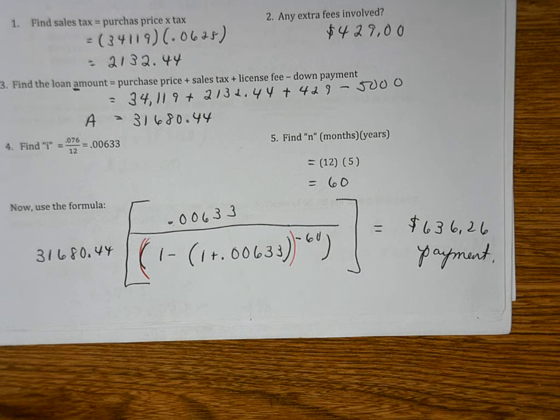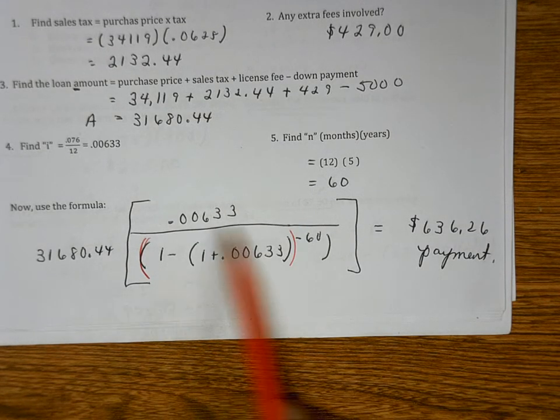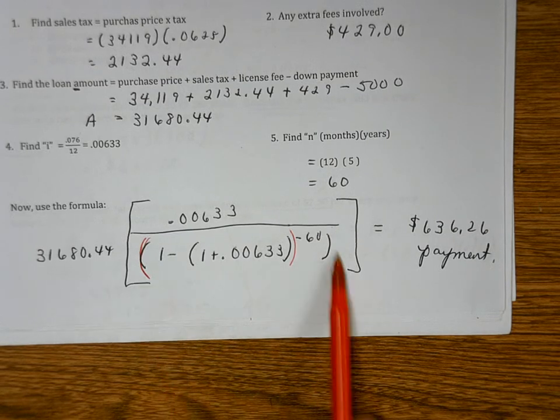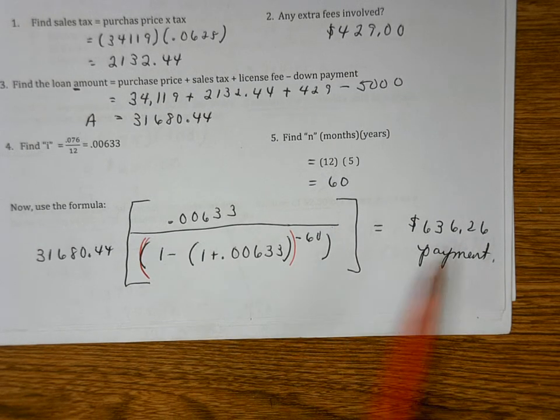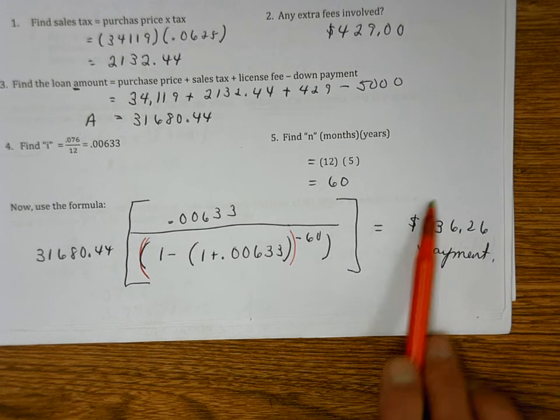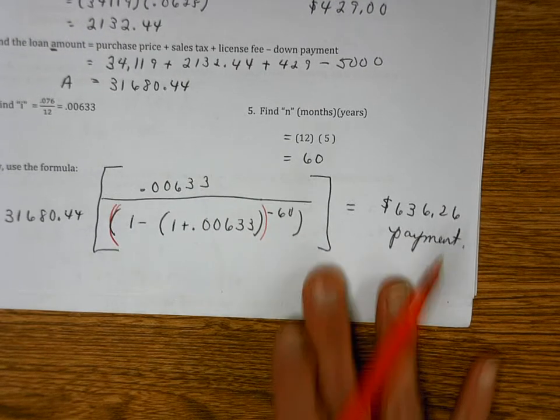My calculator has now stored this under the ANS function. Okay, so now I'm going to clear my calculator. I'm going to do this number divided by, now I have to pull this huge value. I got to pull that up. So folks, hit your second function in your ANS key. Now go times 31680.44. Hit equals, and you should get this.